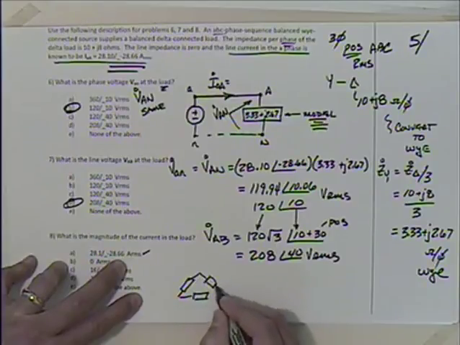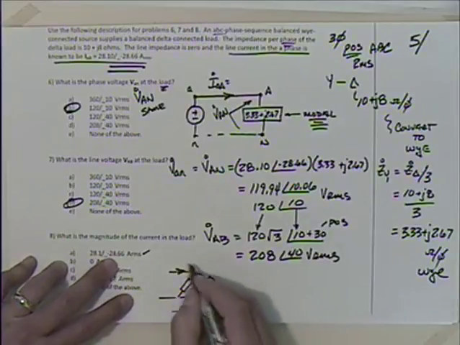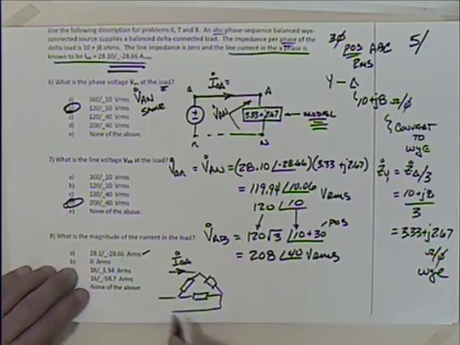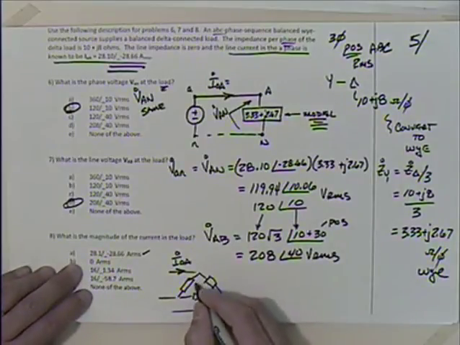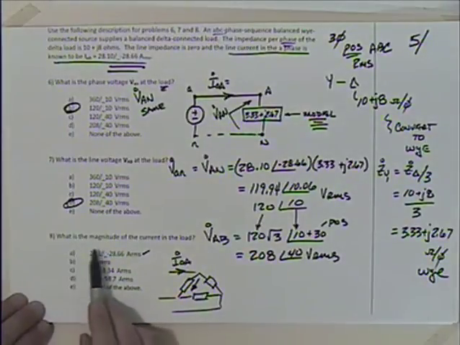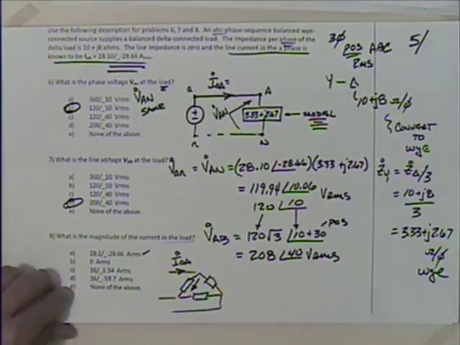And I've got this current here, that's I little a big A. But I really would like to find the current in the delta load.